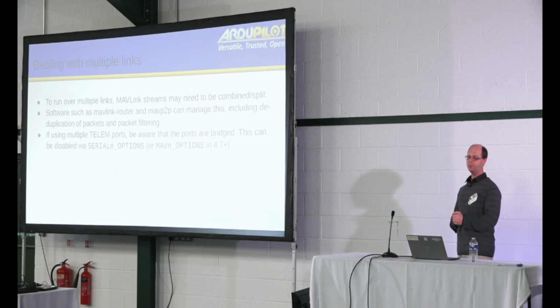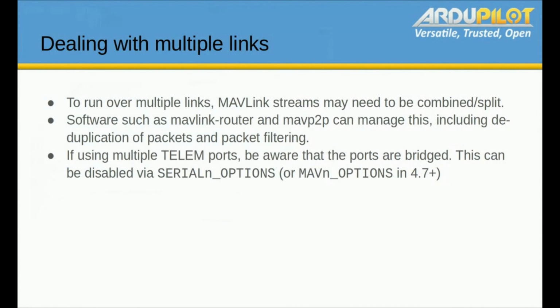Dealing with multiple links, I would say if you do have multiple telemetry paths, be careful about when you are splitting your packets out and integrating them back together at the end.